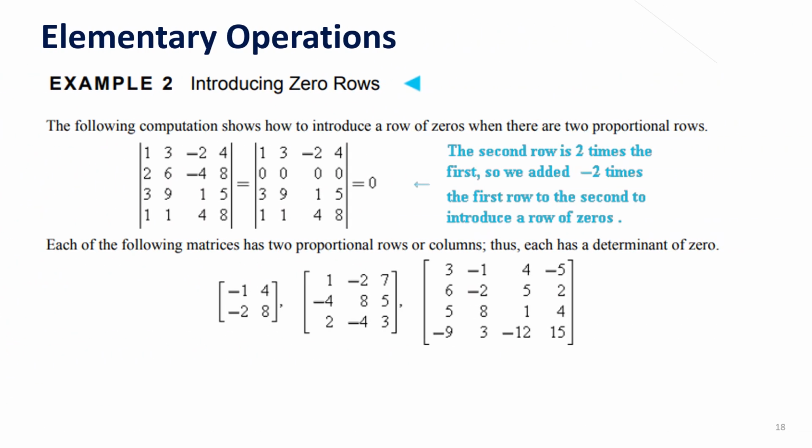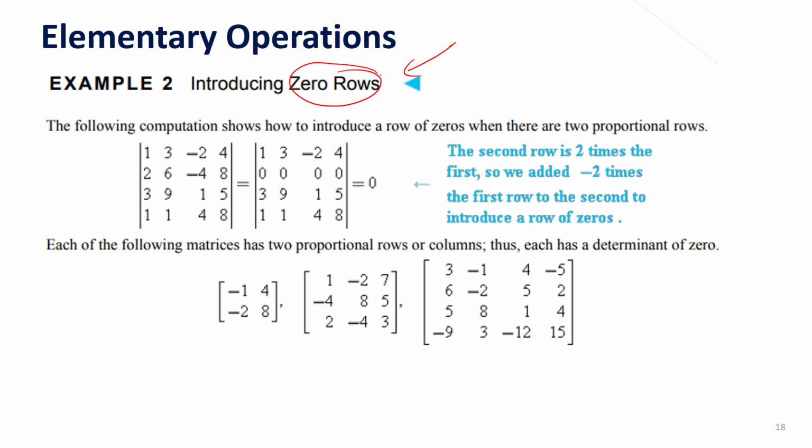Next is about if you have 0 rows or 0 columns. For this one we specifically discuss 0 rows.